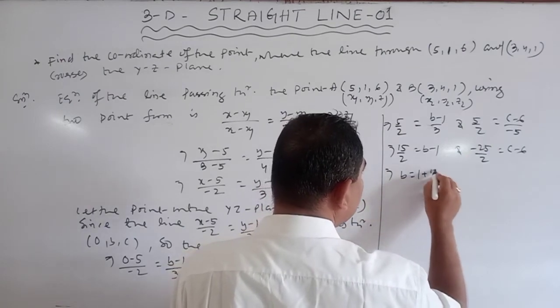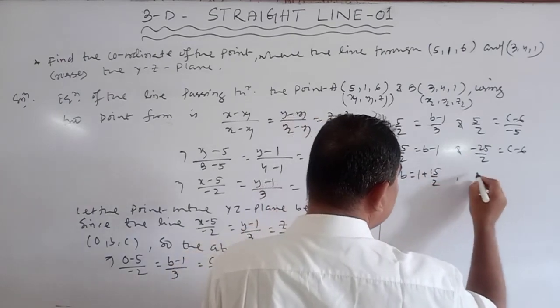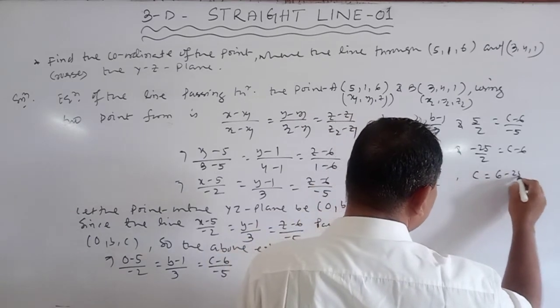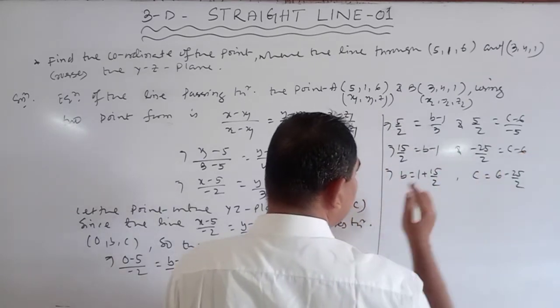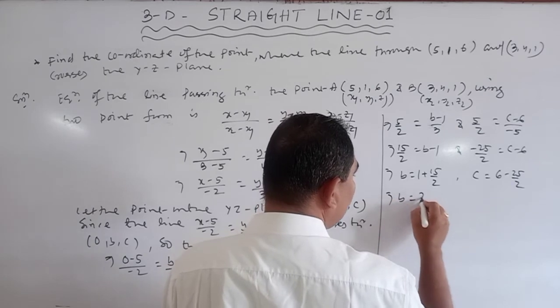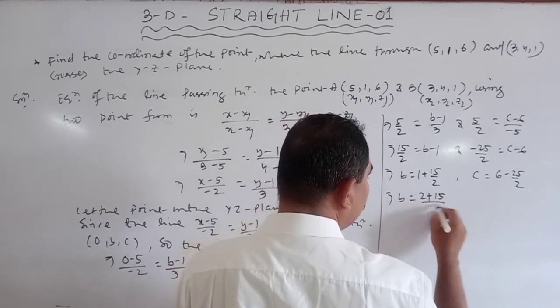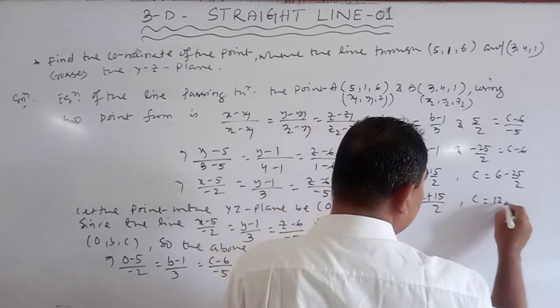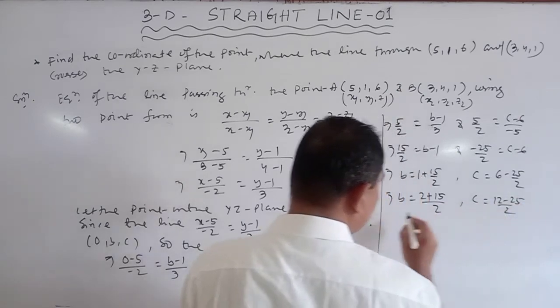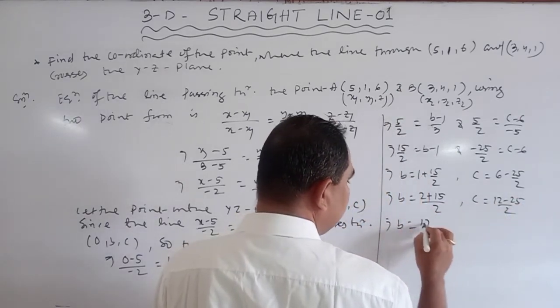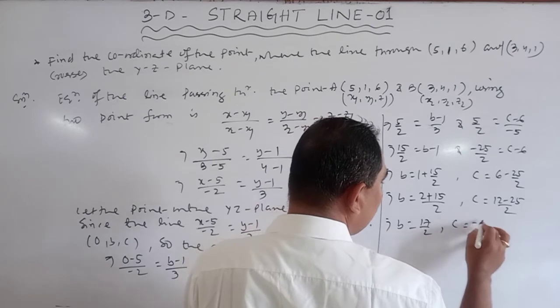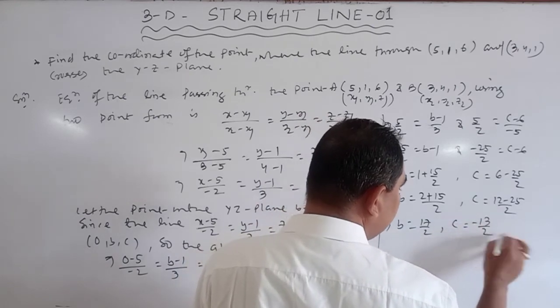So b is equal to 1 plus 15 by 2, and c is equal to 6 minus 25 by 2. This is b is equal to 2 plus 15 divided by 2, c is equal to 12 minus 25 divided by 2, so b is equal to 17 by 2, c is equal to minus 13 divided by 2.